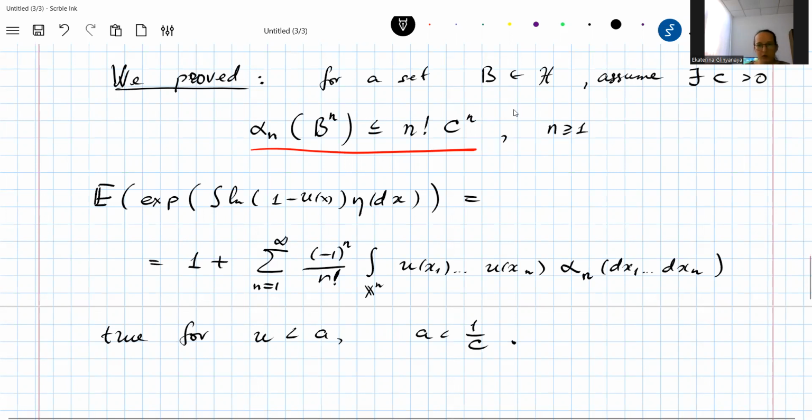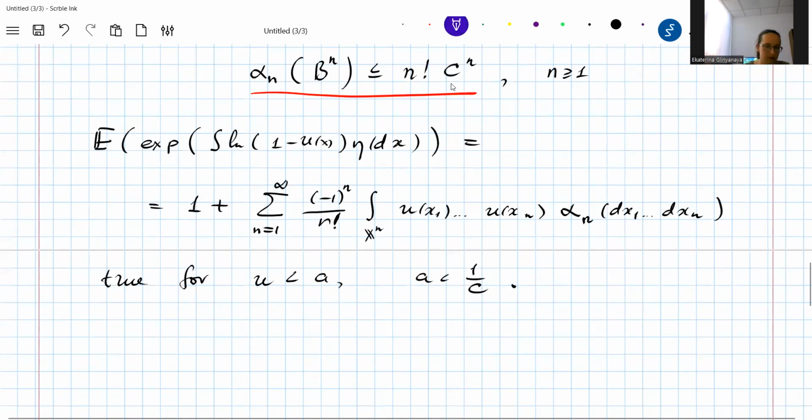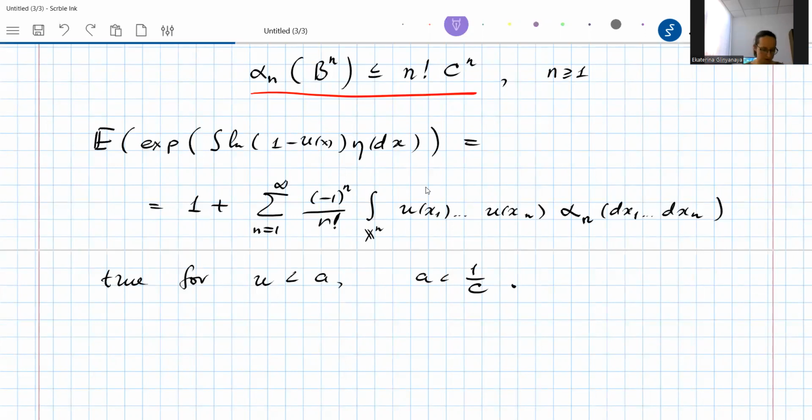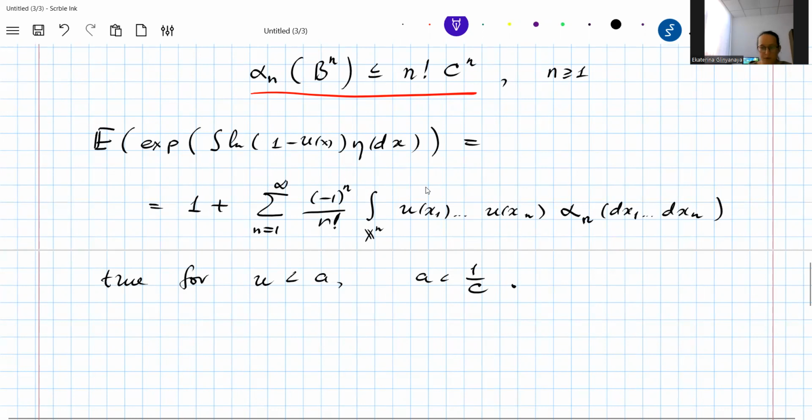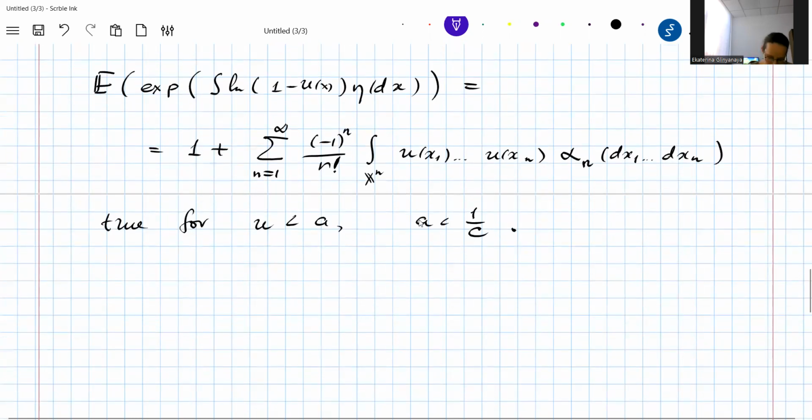Here we will use the criterion that we proved in the second lecture, that two point processes are equal if their Laplace transforms are equal for non-negative functions. So now let's formulate the proposition, and then we will prove it.